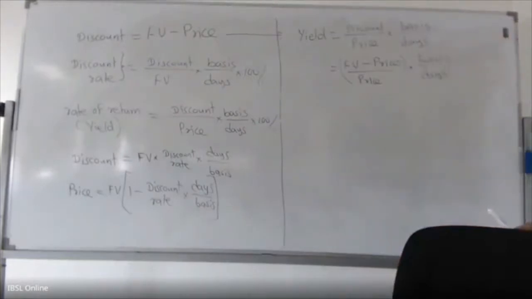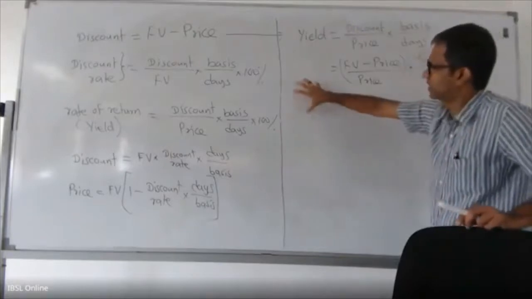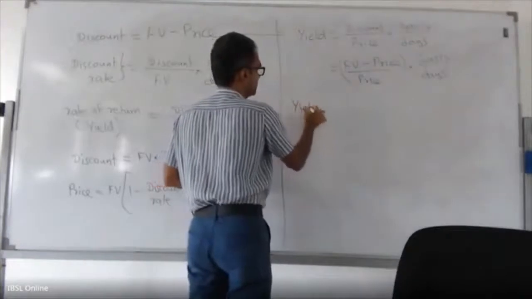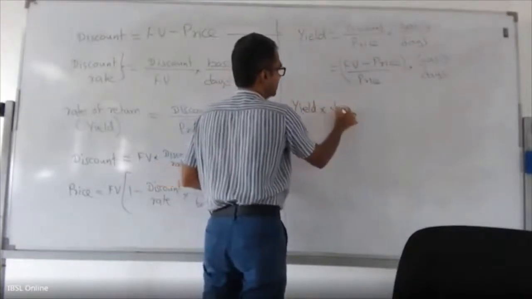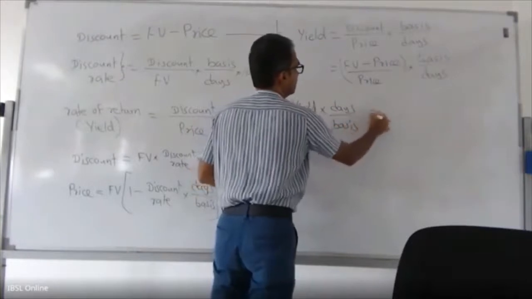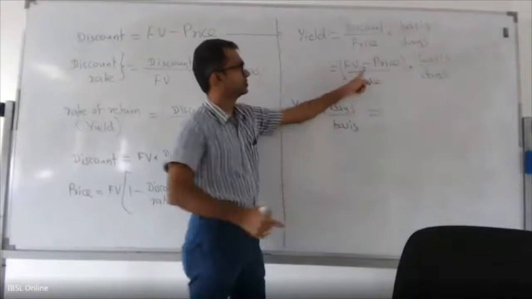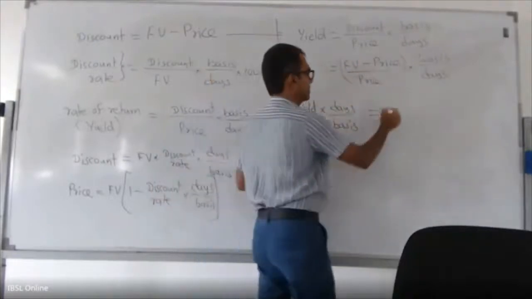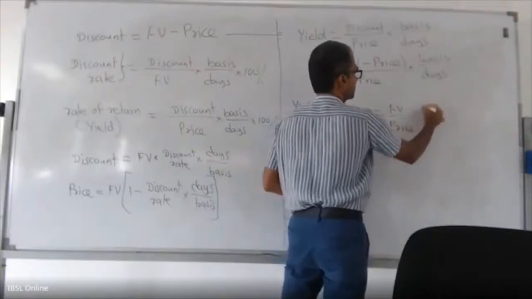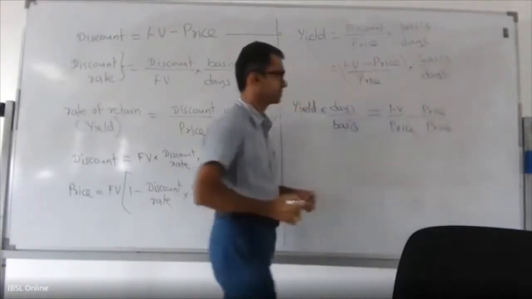So in that, we can take this basis part to the left hand side of this equation. Then it would become yield into base divided by basis equals, I break this into two parts, FV over price minus price over price.